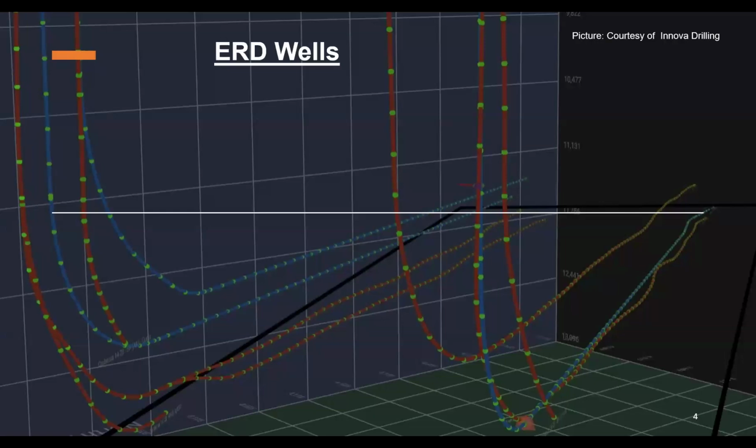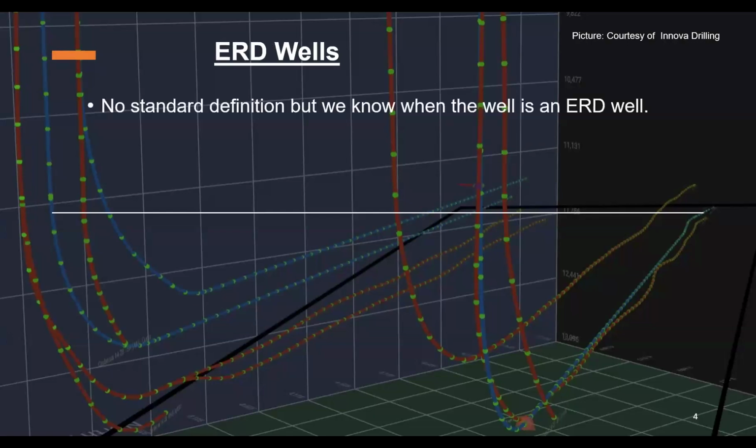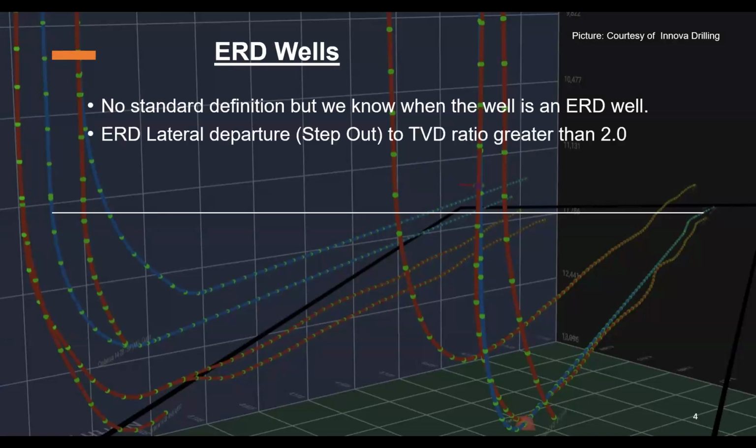About ERD wells, those are defined in certain ways. People say an ERD well is, everything is in the name. Actually, if you think about it, there is no mathematical formula that qualifies a well as an ERD well. That would not probably be the right way to say it. So there's no definition, but people say when you're drilling them, you know what you're drilling. It's a lateral departure.